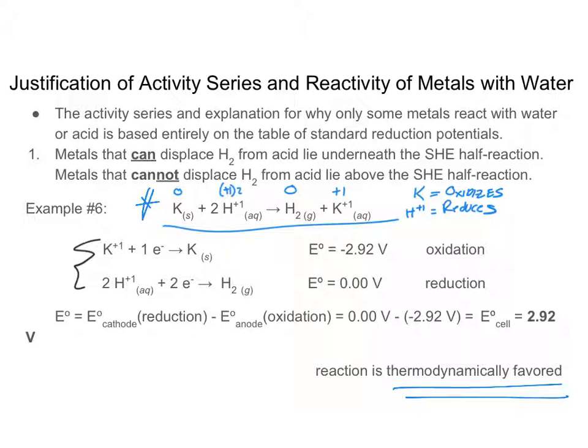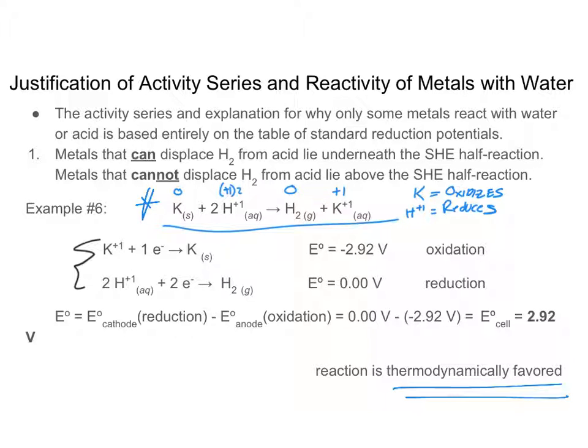Can you say that again, about when it goes to positive 2.92? Okay. In the textbook, the reduction potential of potassium is negative 2.92, and in Appendix E, the reduction potential for hydrogen is 0.